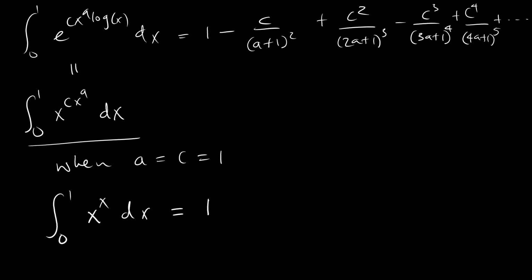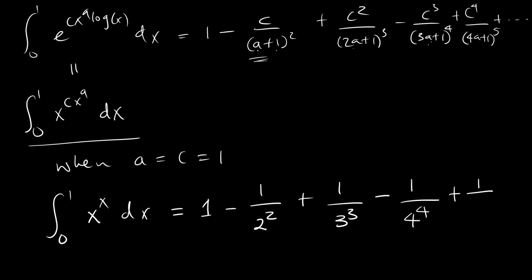Which is equal to 1 minus, here we have 1 over 2 squared, since this is 1, 1 plus 1 is 2, plus 1 over, this is 2 plus 1 is going to be 3, so 3 cubed, minus 1 over, this is 3, so we have 4 to the power 4, plus 1 over 5 to the 5, and so on and so on and so on.